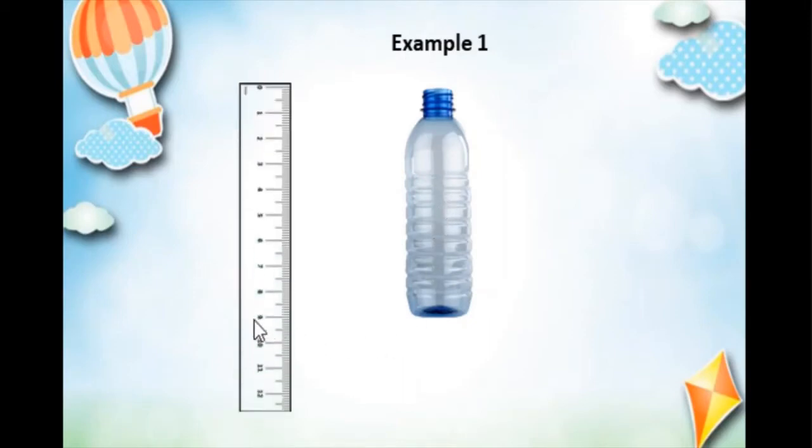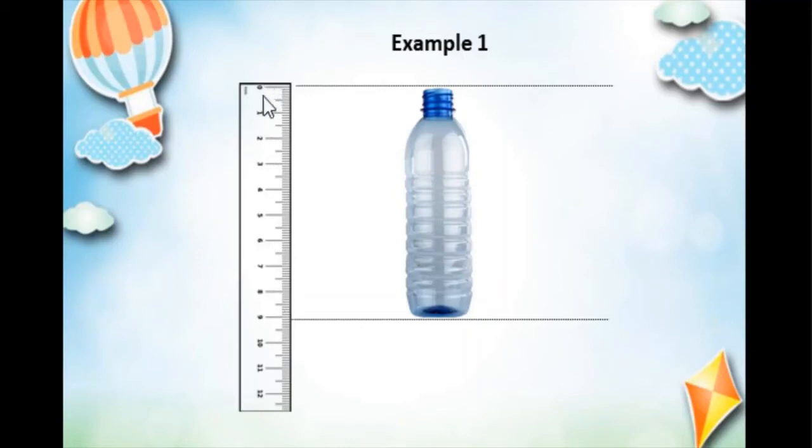Of course, we will have a ruler as the measuring tool. We put a line above to make sure where the bottle started to measure, and another line below on where it ends. Just simple. Just count from 0 up to the number where it ends, and that will be your measurement. So let's start counting from 0. Ready?